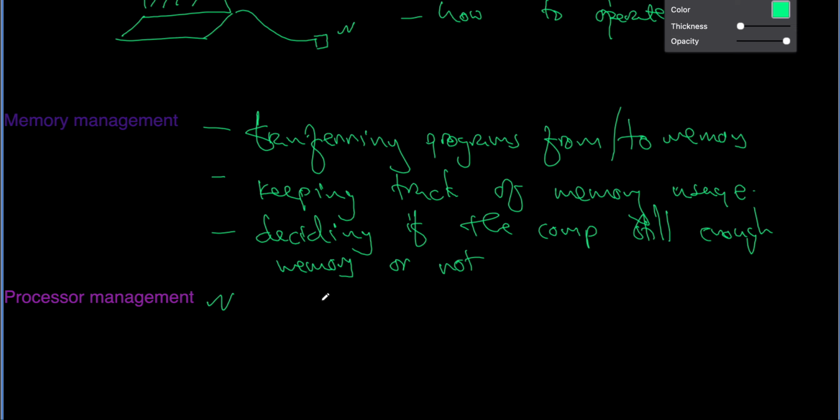You get the point? So the operating system manages the CPU. The CPU can do quite a number of tasks at the very same time because the operating system is there to manage it. I hope that makes sense.